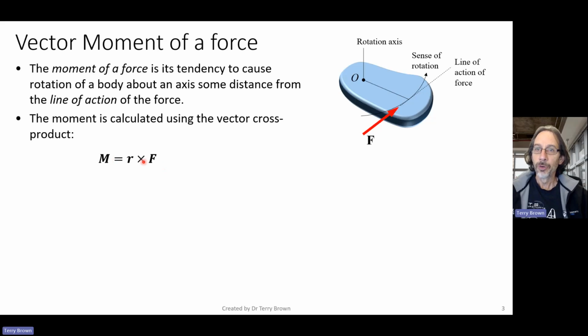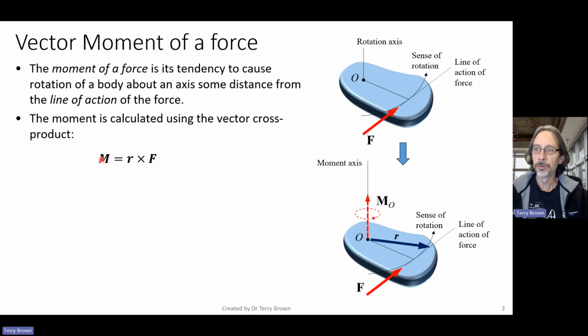And because we have a cross product here, the result of the cross product is a vector. So we should note that the moment of a force in general is a vector. In the simpler 2D problems, you may not realize that because we just draw a little arc with an arrow on it.